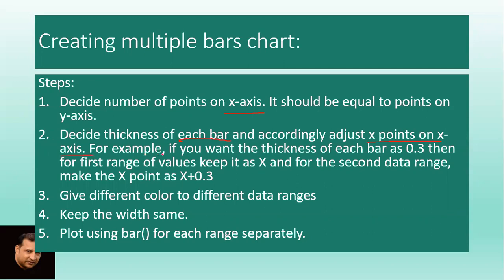For example, if you want the thickness of each bar as 0.3, then for the first range of values, keep it as x, and for the second data range, make the point as x plus 0.3.